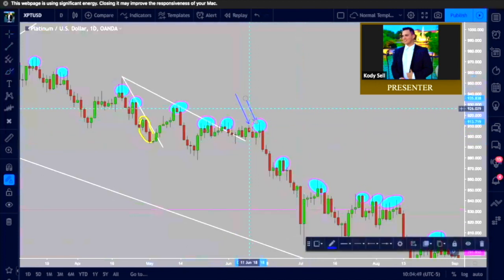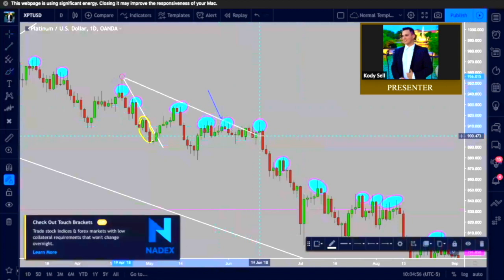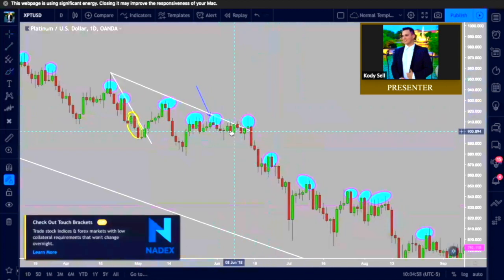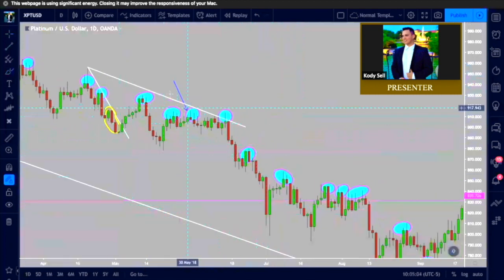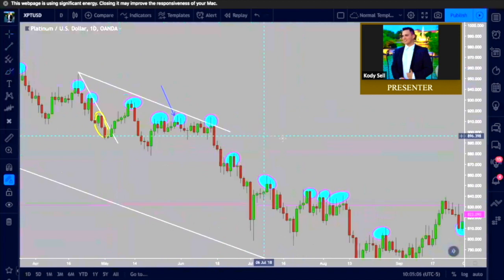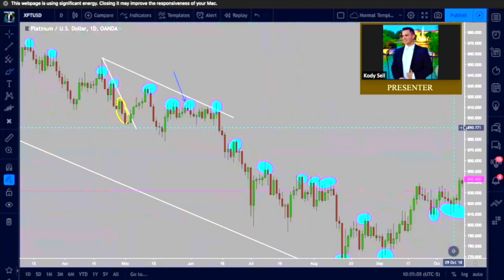So get rid of these arrows. Looks like price wicked through right here. So we adjust, and then it wicked through again. So we adjust, and then it looks like it wicked through again, adjust. You actually don't end up losing in this area. This is actually a solid hold right here. So it's actually a pretty good trade opportunity there.